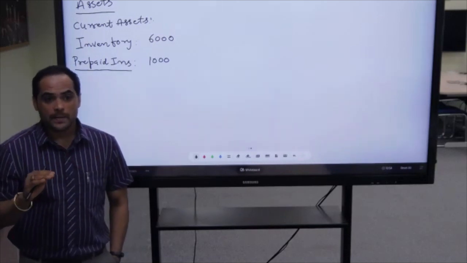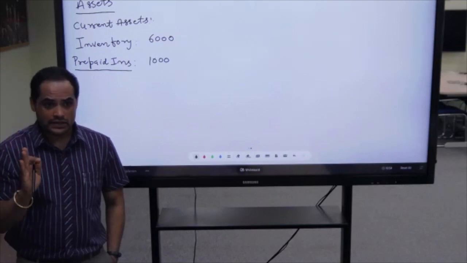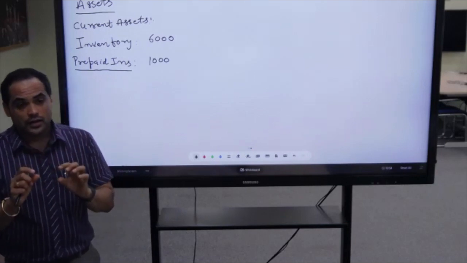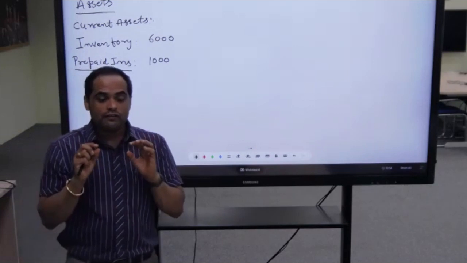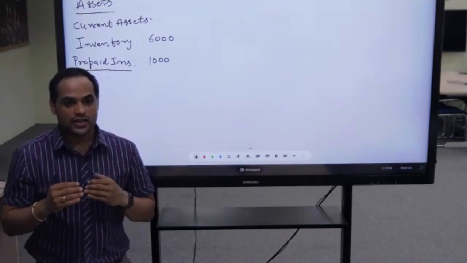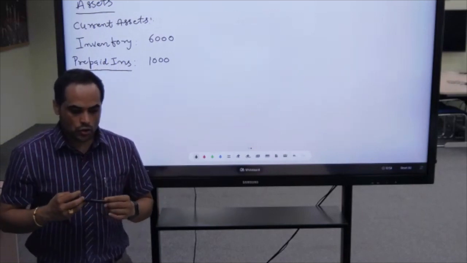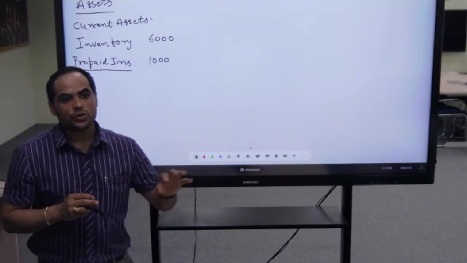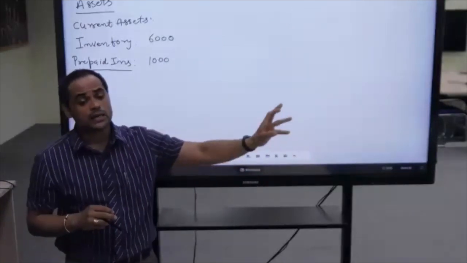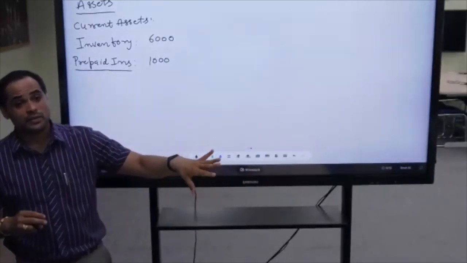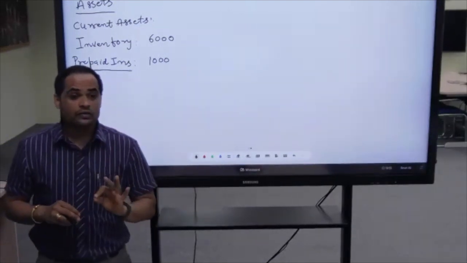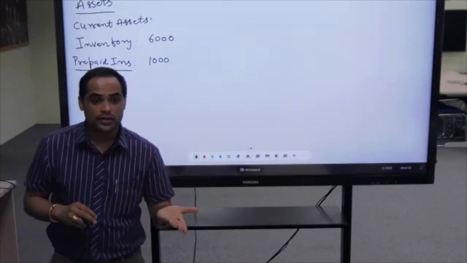All right, I repeat, for any kind of prepaid expense, only the prepaid amount will be transferred to the balance sheet as a current asset. In your trial balance, you have insurance of 6,700, and then we subtract 1,000 prepaid. So in your income statement we write 5,700.